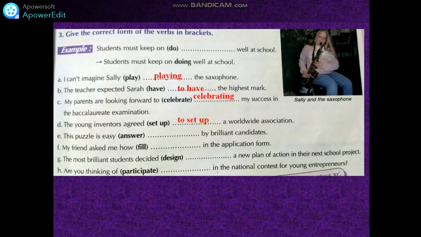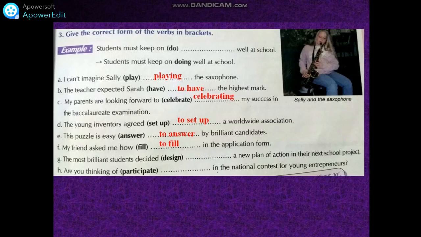The young inventor agreed to set up a worldwide association. Very good. E. This puzzle is easy to answer by brilliant candidates. Very good. F. My friend asked me how to fill in the application form. Very good.